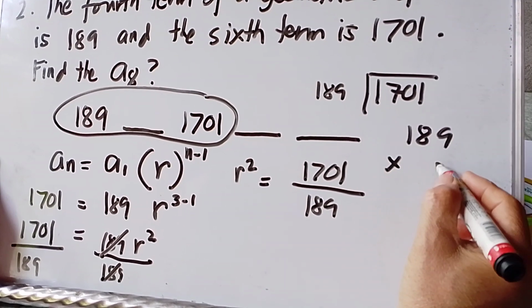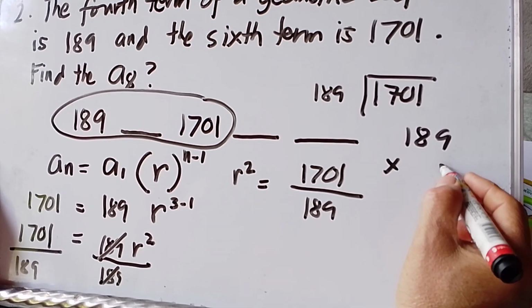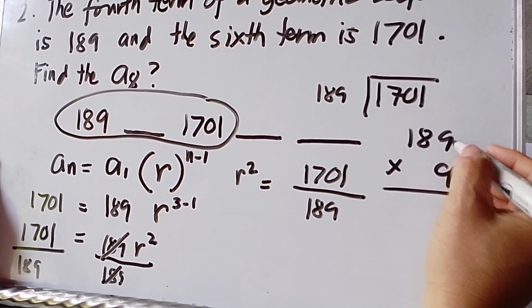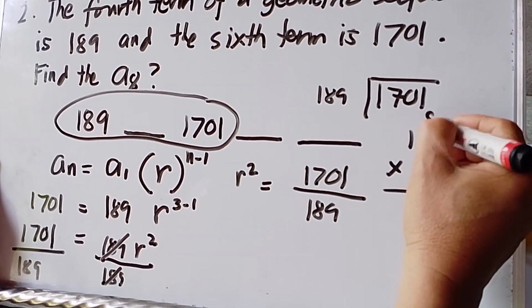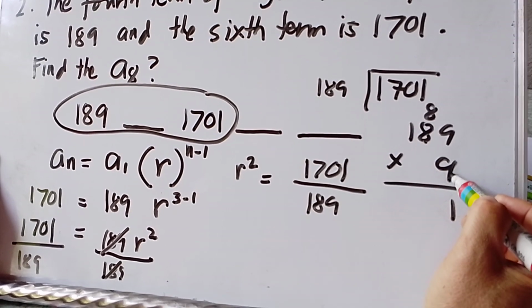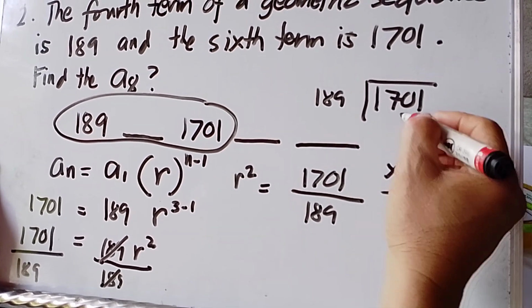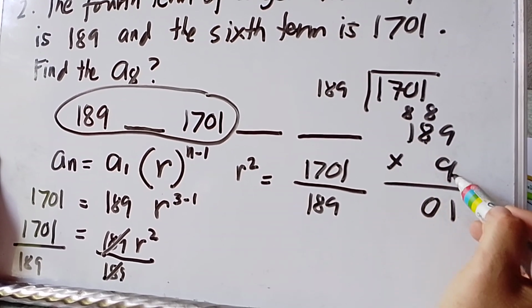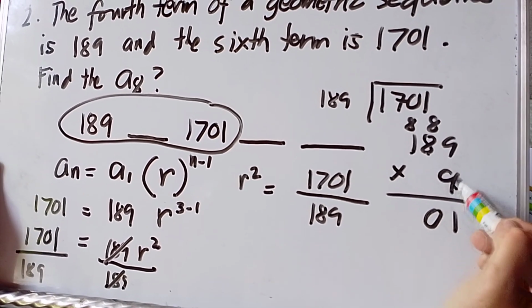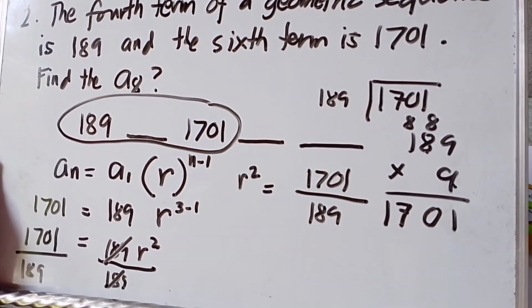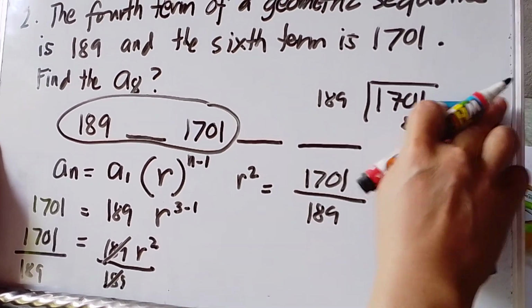189 times, let's say, 9. So 9 times 9 is 81, carry 8. 8 times 9 is 72, plus 8 is 80, carry 8. 1 times 9 is 9, plus 8 is 17. So we come up with 1,701.